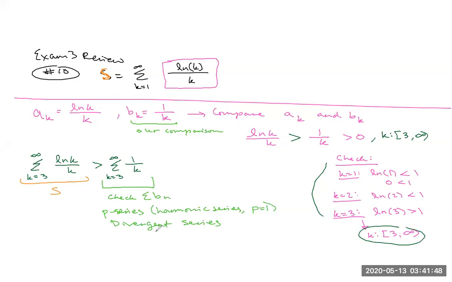Okay, so definitely state divergent series and state P series, the test you're using for that. And then since we found the lower series to be divergent, that means the upper series must be divergent as well. Okay, so your conclusion is extremely important. Here it goes.